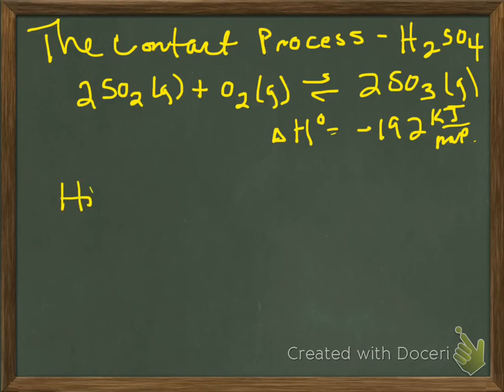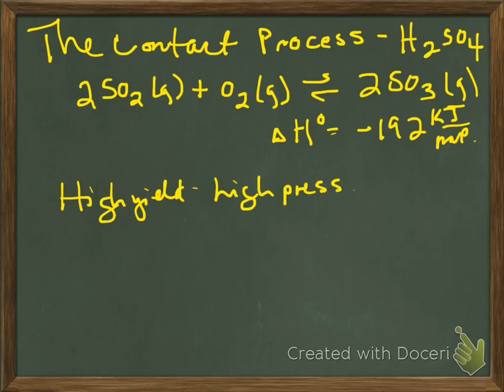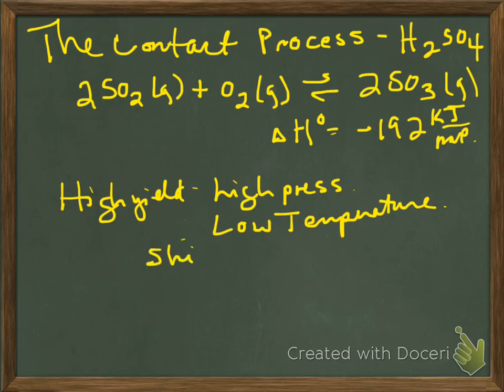Okay. High yield is going to happen with a high pressure and a low temperature. And that's going to shift that equilibrium. Both of these will shift the equilibrium to the product side. Okay. Now, that's for the yield.